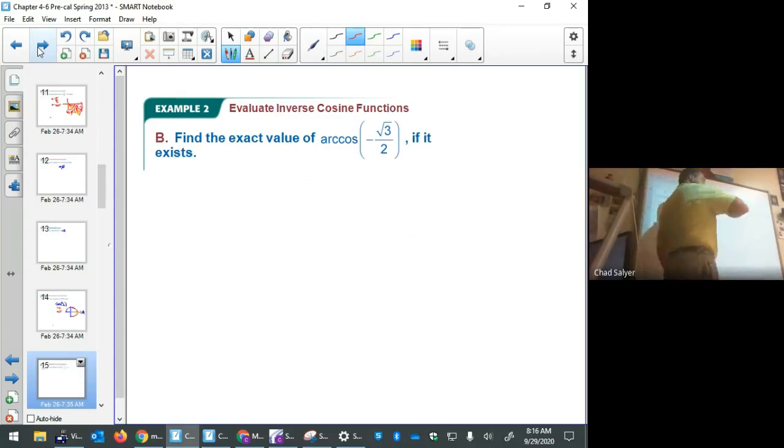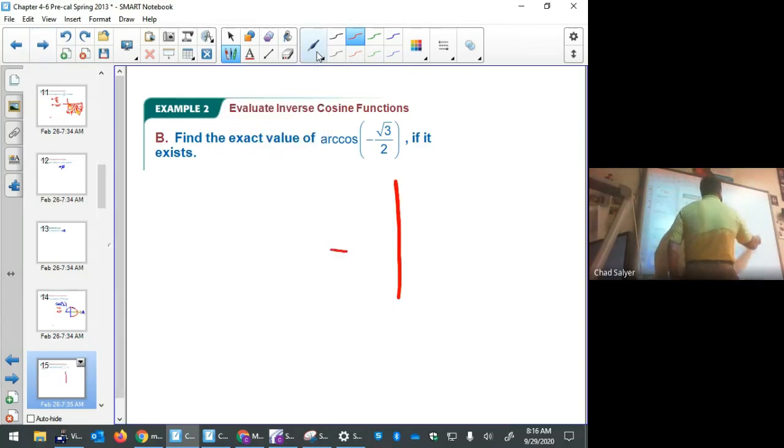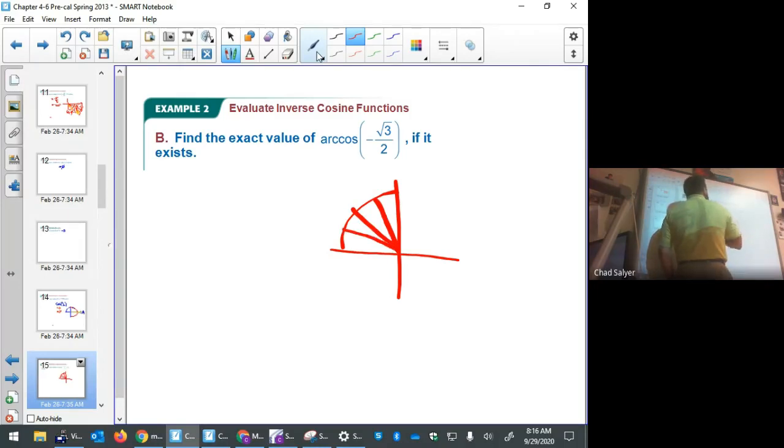So arc cos means cosine inverse. Same thing. I notice I'm negative here, so we're talking about Q2. So we got 1, 2, 3. And we're looking for where it's negative radical 3 over 2. That's right here.